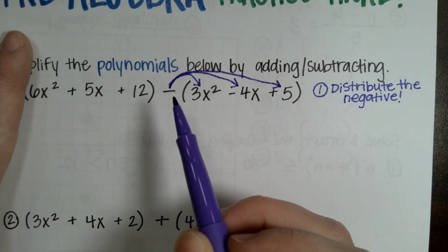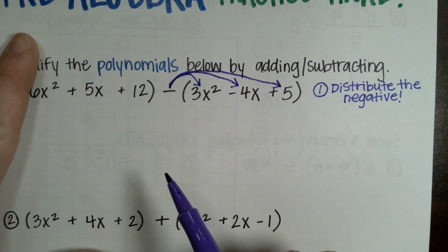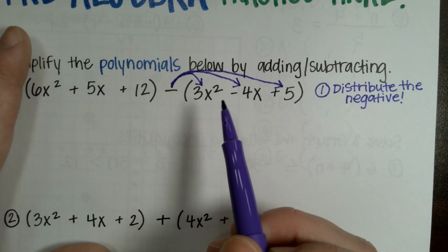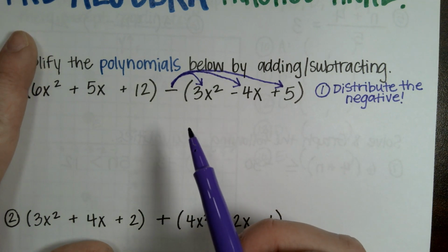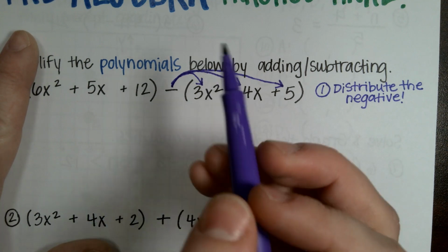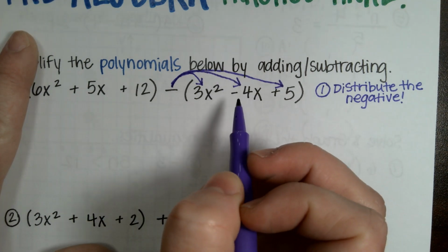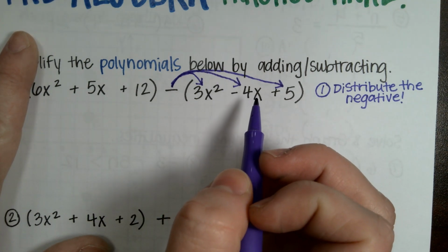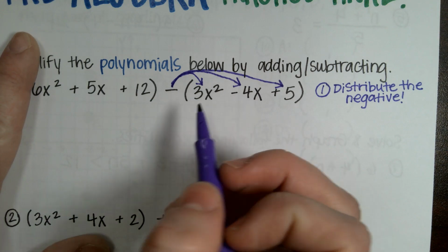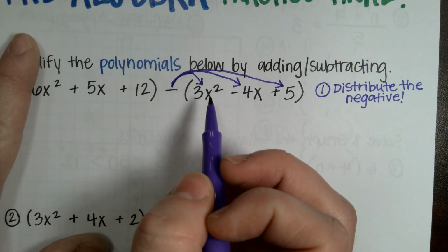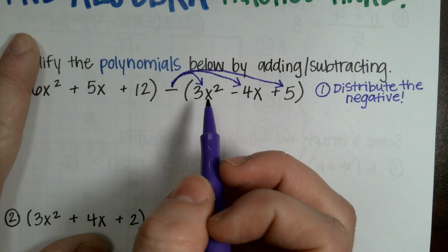So when I multiply a number by a negative, what happens to the sign of that number? It can become positive. If it starts as a negative, like the negative 4x, that would become positive 4x. What if I start with a positive? It becomes a negative.